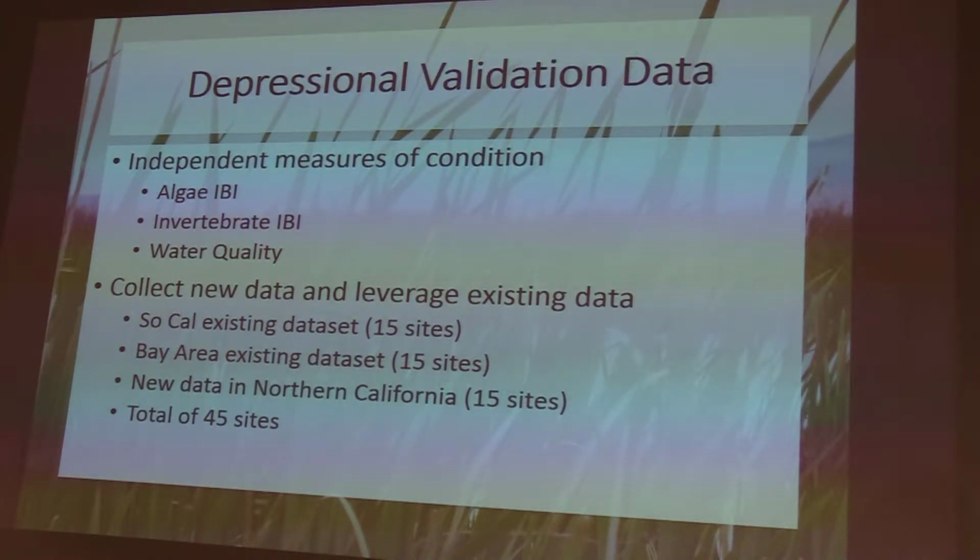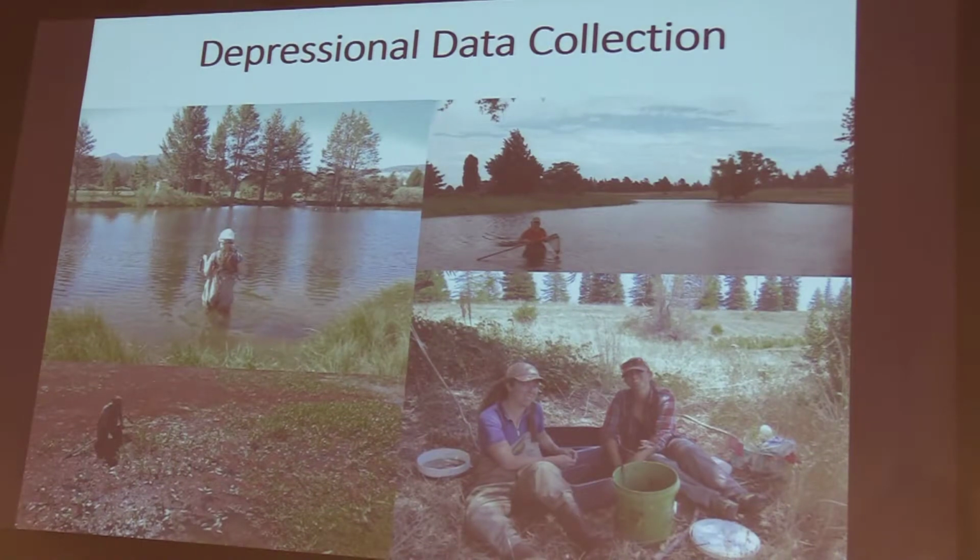So we collected new data in northern and eastern California for a total of 45 sites. We went out to these sites across Northern California and collected water quality with the sonde, algae, and bugs.